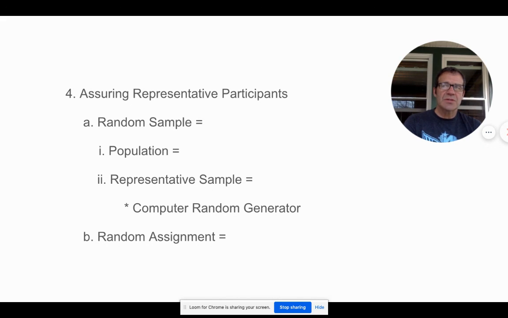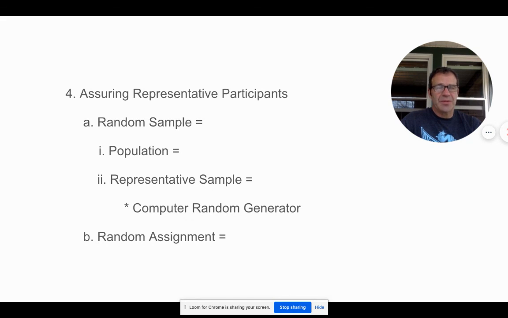So let's go back to our video game aggression study. And let's say that we're going to do it on fourth graders. So if we are going to do a random sample of fourth graders at Lincoln Elementary School, and let's say it's a big school, let's say they have 200 fourth graders, we're going to put them in a computer random generator. We're going to pull out 40 of those 200. That's our random sample.